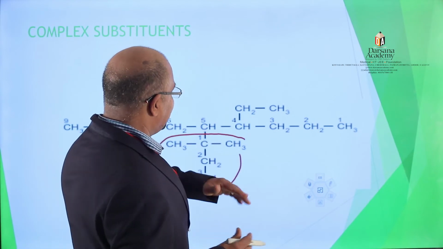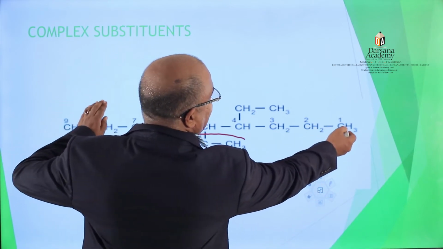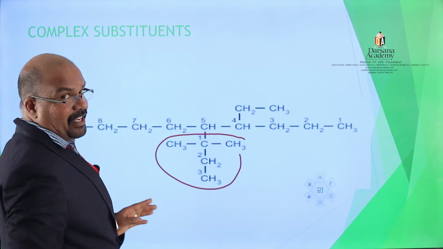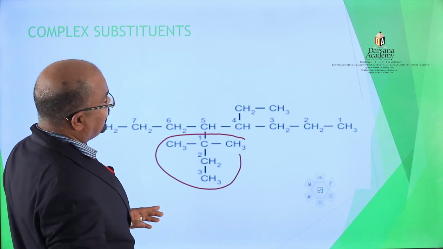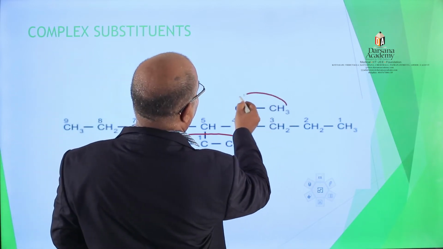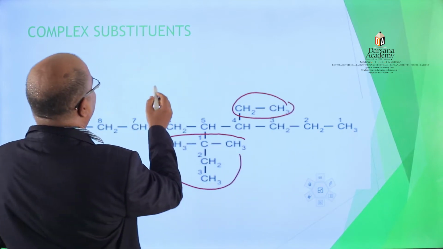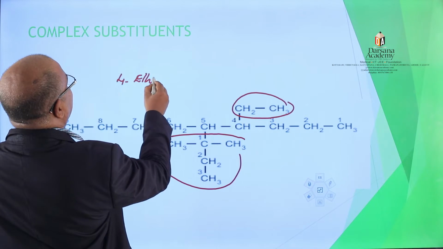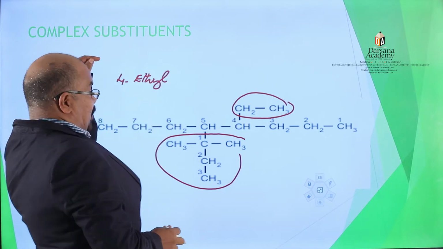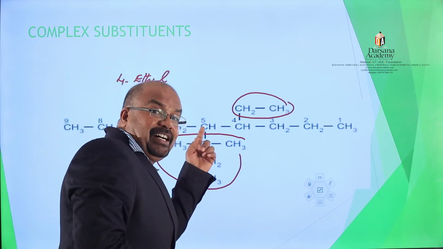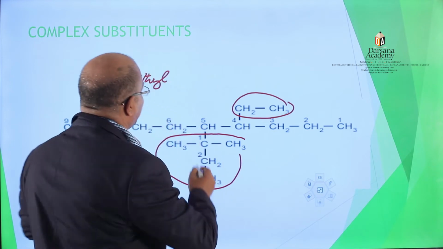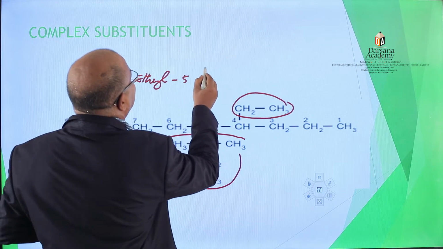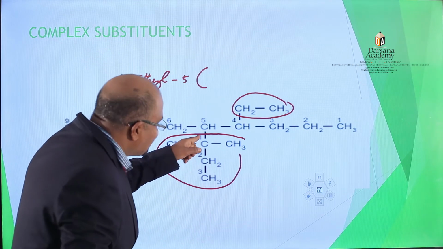So naming is the same as before; starting numbering from here, 9 carbons, nonane is the root word. The fourth position is ethyl, so we write 4-ethyl. Then the position of the complex substituent is the fifth position. So this also we are numbering now.